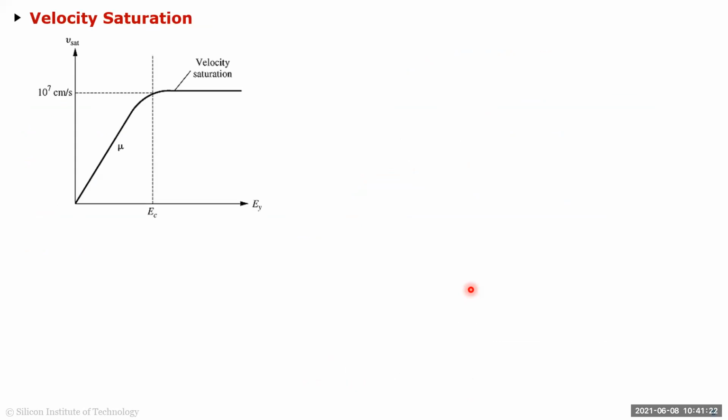So I told you there are two effects. One is your mobility degradation, which I just showed you. The other is the velocity saturation. Now, when we wrote the equations for the relation between the velocity and the electric field, the constant of proportionality was this mu, right?